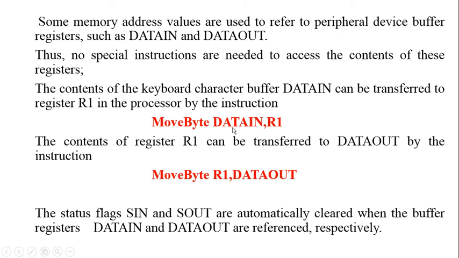After completing the data transfer, the flag is automatically cleared to 0, indicating that it's not ready to receive a new character from the processor, or not ready to transfer a new character to the processor.